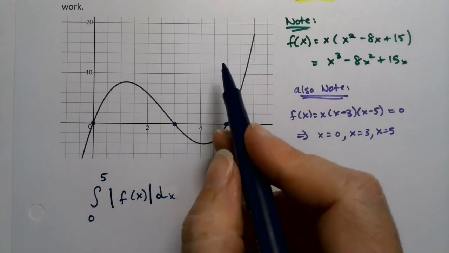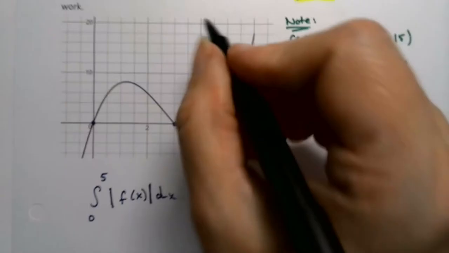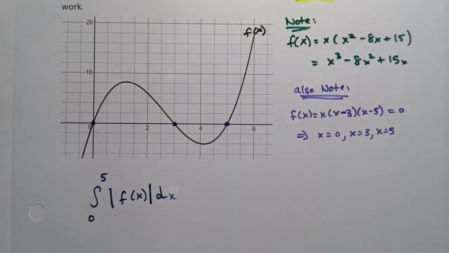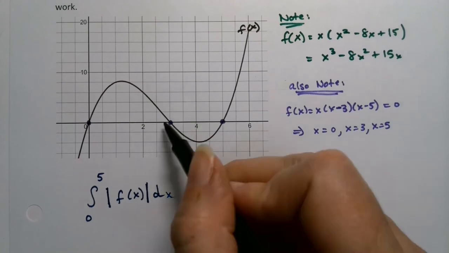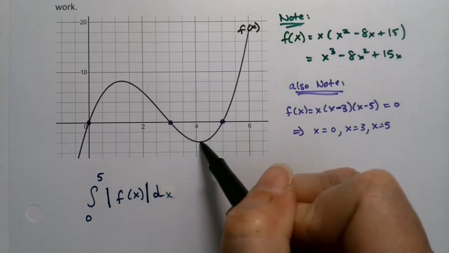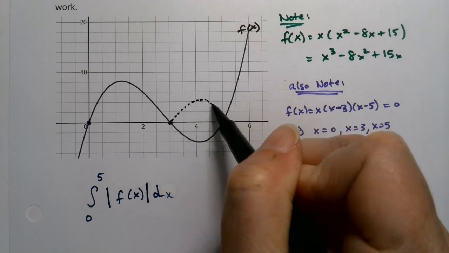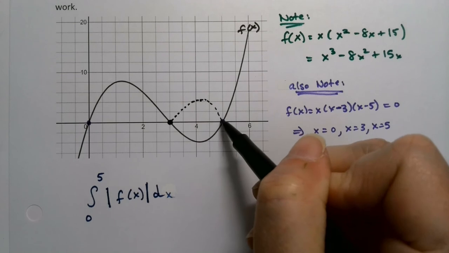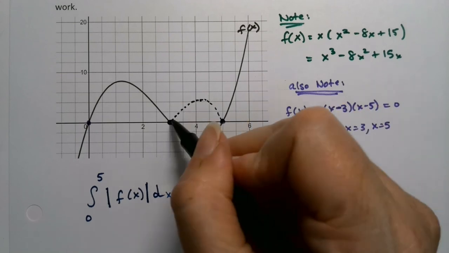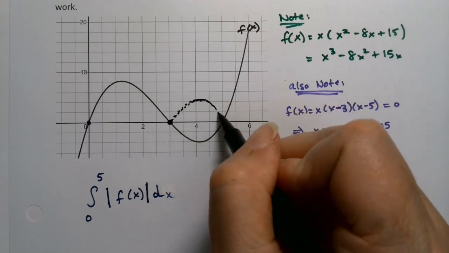I have the graph of f of x, no question about it. The absolute value of f of x would actually have a little peak here. It would have a sharp point here and a sharp point here. No, I'm not a perfect drawer, right?